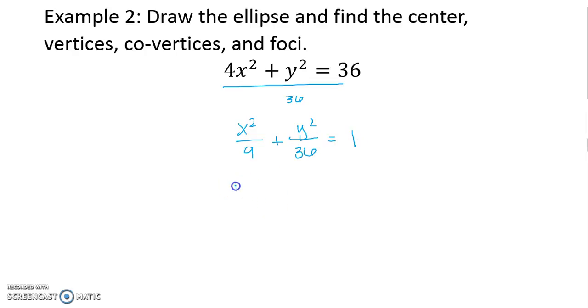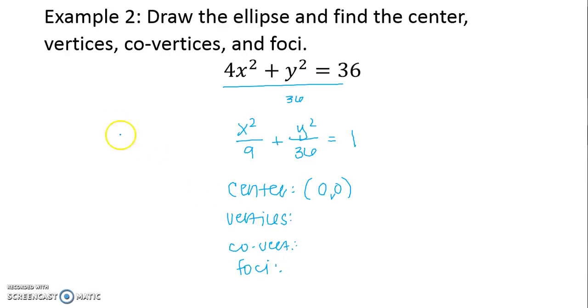From there, my center, there's nothing with my x or y, so it's 0, 0. I'm going to have vertices, co-vertices, and foci. For that, I would go ahead and kind of graph it. So I have my center.